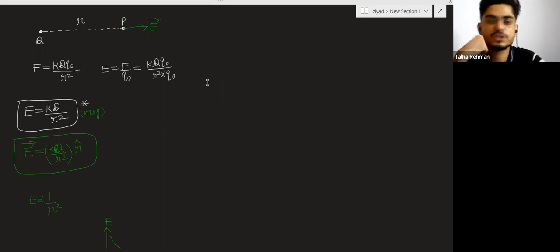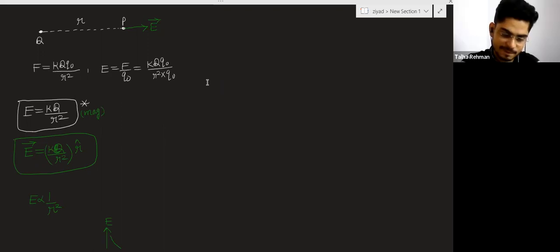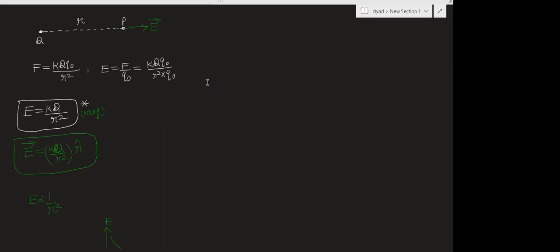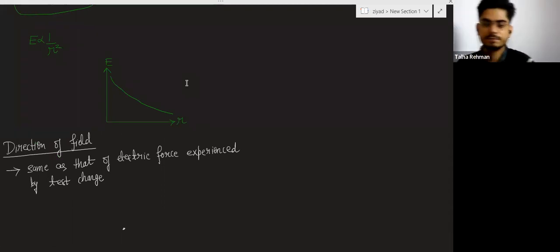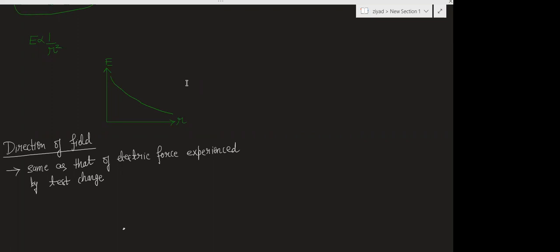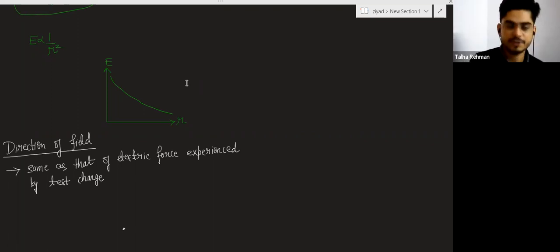This capital Q is the source charge that generates the electric field. And this electric field is inversely proportional to the square of the distance, meaning the electric field will decrease as we move away from the charge. For the direction, you can take the direction of electric force on the test charge.